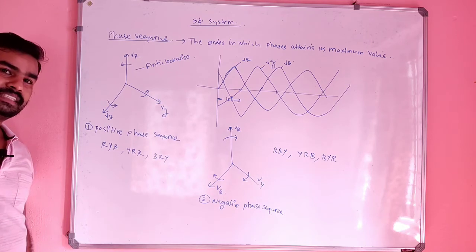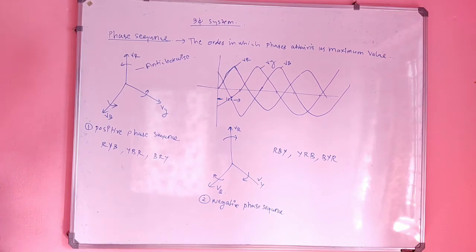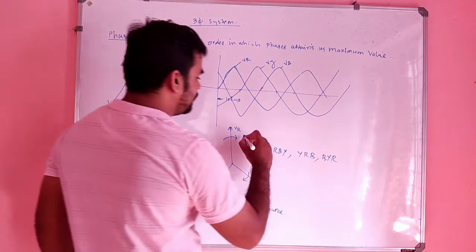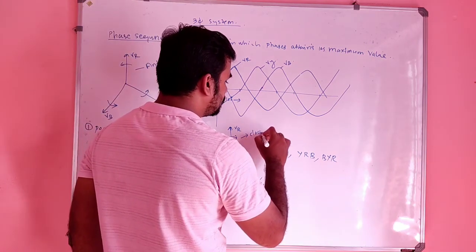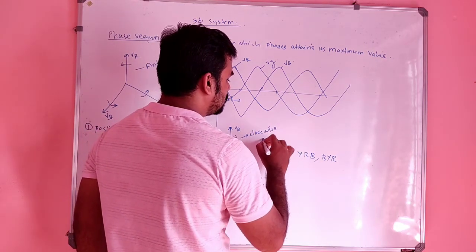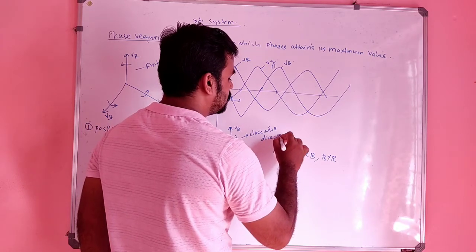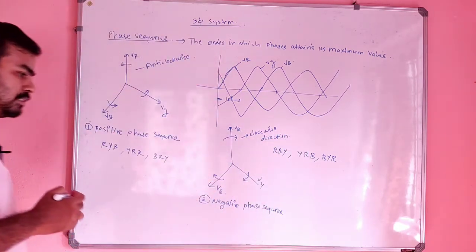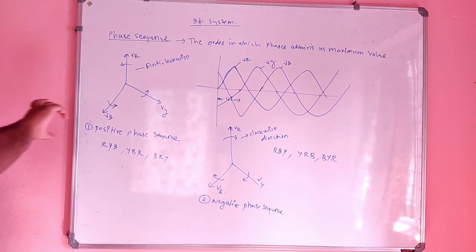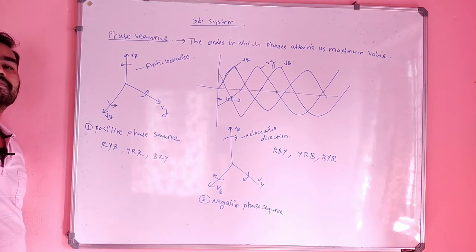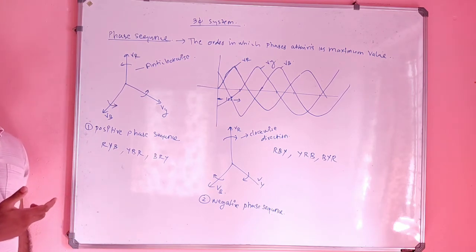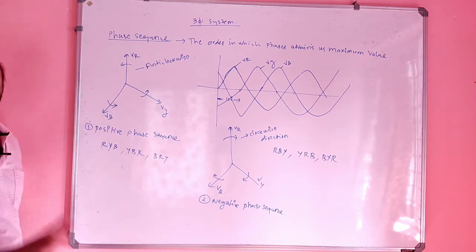Is it clear? So if you have a question like this, it is in the clockwise direction. Generally, for negative phase sequence, we rotate the motor in a clockwise direction, and the generator in an anti-clockwise direction.